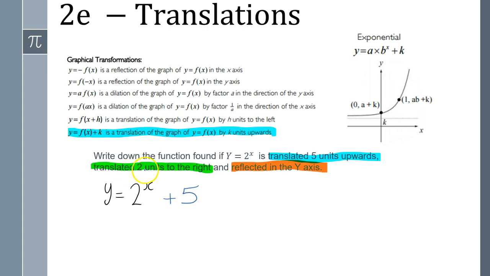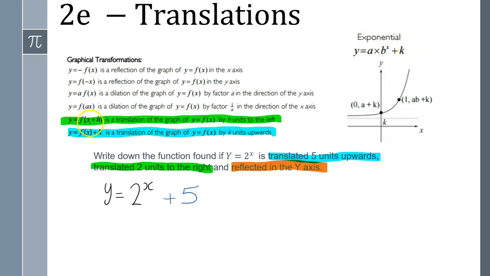Okay, let's try the next one. It is translated 2 units to the right. So we're going to look again, reflection, dilation, translated to the left. Okay, but it's not translated to the left, it's translated to the right, which means we're going to have to do the opposite. So where it says h there, we're going to have to go the other way. This is where it gets a little bit confusing because as you can see, there's no h there.